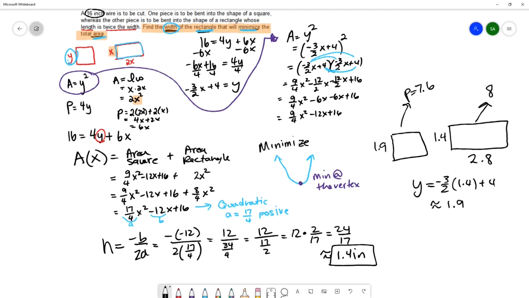So that would be about 8.4. So let's see. 7.6 plus 8.4 does give us 16, the 16 inches. Now those are all approximate because I rounded this answer here.